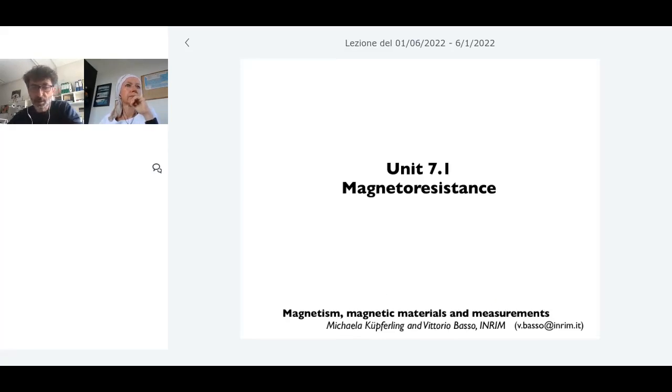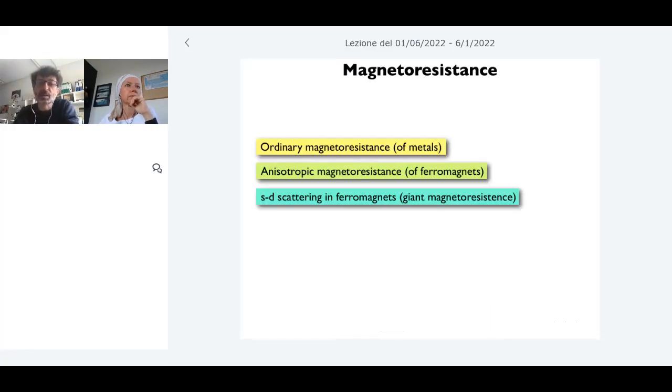Let's start with the first slide, in order to subdivide 3 different phenomena. We have a magnetoresistance that is a characteristic of metals. So metals, conductors.